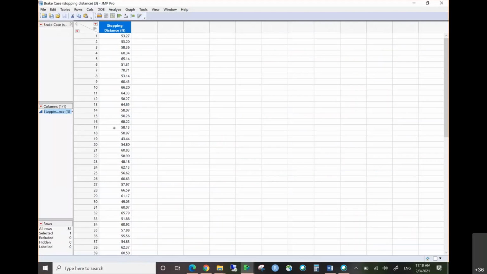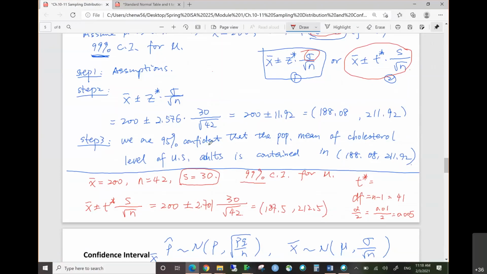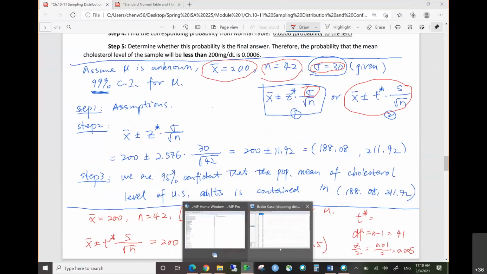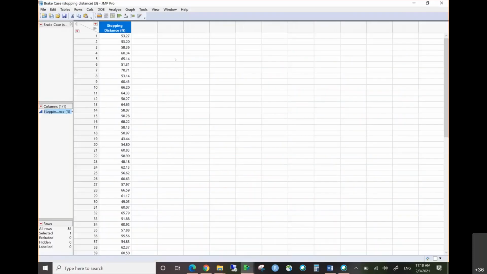But what if I do not have these detailed values? Instead, we just have what we had in the example, only the summary statistics like the sample mean and the sample size. Then what should we do? JMP can also do this work.